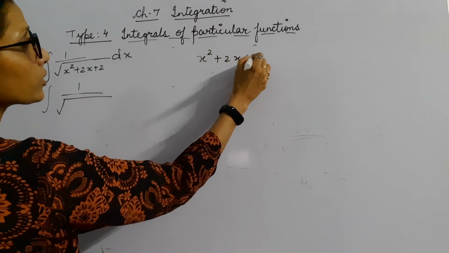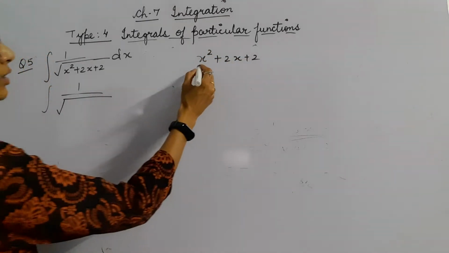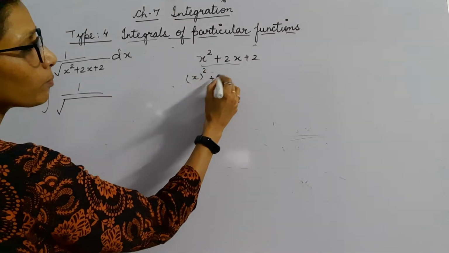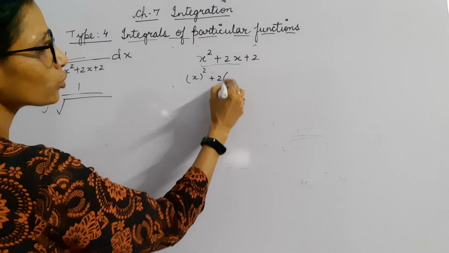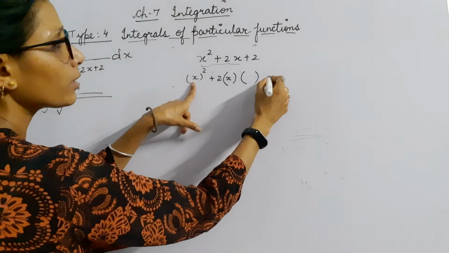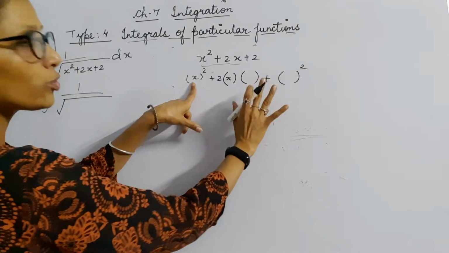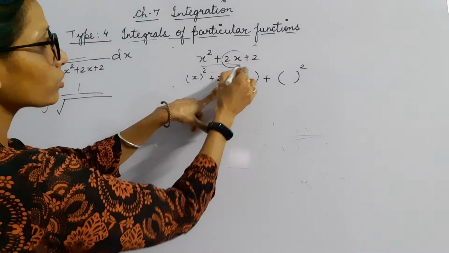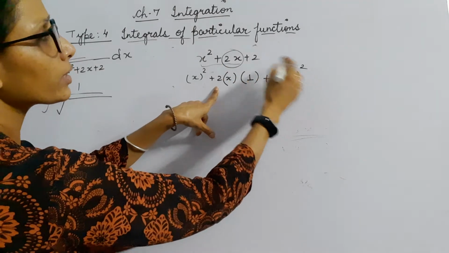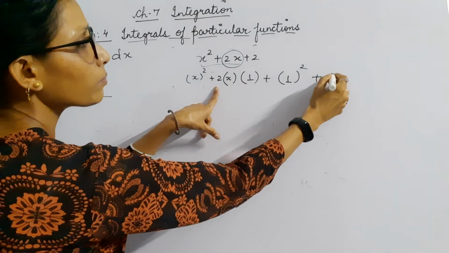This is 2x plus 2. Okay. So here these are the two values. So this is your a square plus this is your 2ab term. So 2a is already decided, b you don't know which you want to frame, plus b square, this you want to frame. Here you just want 2x, that means here your b is 1. So b is 1 and you are just writing plus 2 this here.